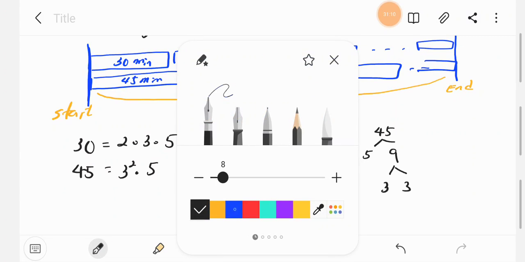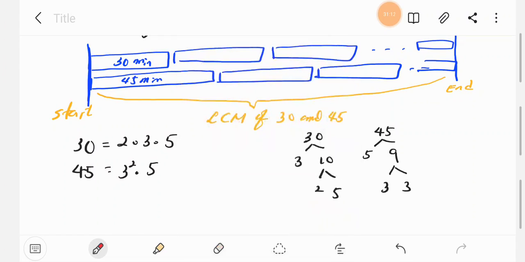So we're going to circle a common factor only, with the lowest exponent. Here it is factor 2, but factor 2 does not occur in number 45. So 2 is not a common factor, and 3 is a common factor.